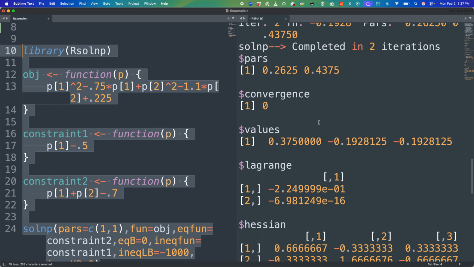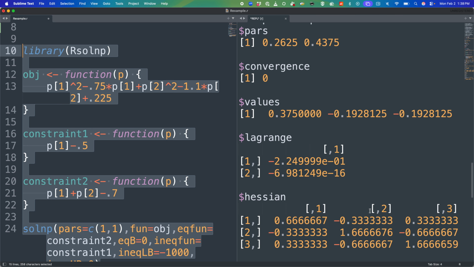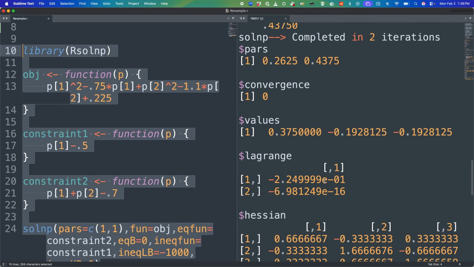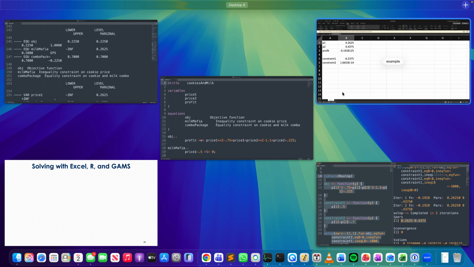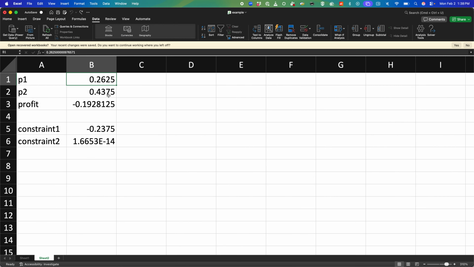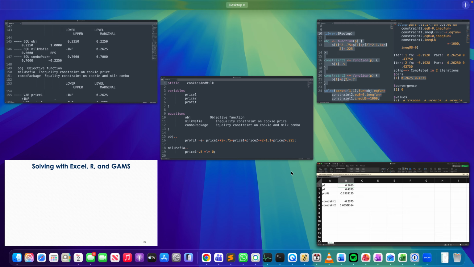It's useful to double check certain aspects of your optimization to make sure that you're doing it right. But the important thing to look for here is your parameter values of 0.2625 and 0.4375, and in fact, those should match the 0.2625 and 0.4375 from the Excel version.